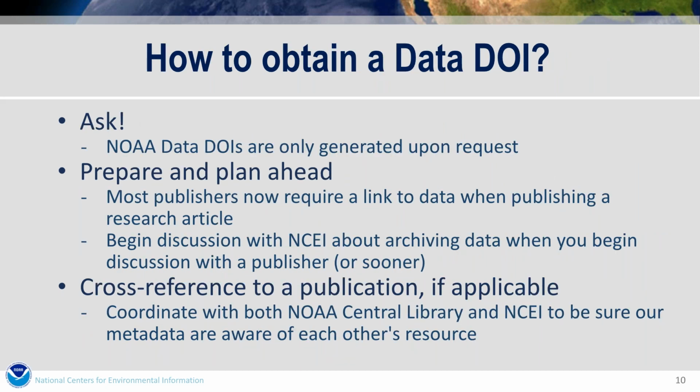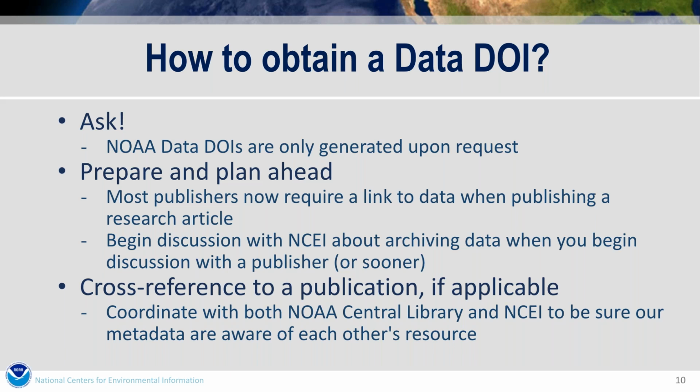How does one go about getting a DOI for data? Well, first thing is, ask us. We only create a DOI at present if we're asked to do so. And usually that's part of the submission process, either directly through our Send to NCEI tool.